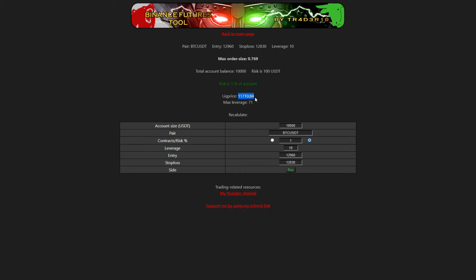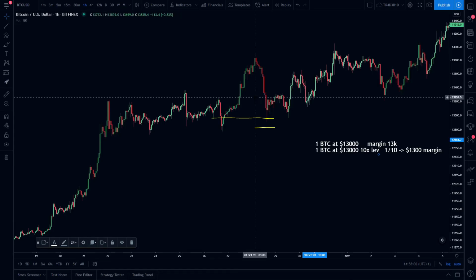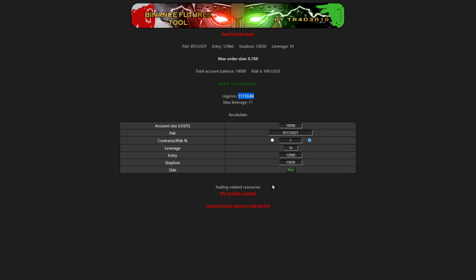That shouldn't be a big problem because remember, you had a stop loss at 12.8. Because you had a stop loss, it doesn't matter that you have a liquidation price of 11.7, down here. What you actually can do in this example, the maximum leverage is 71.